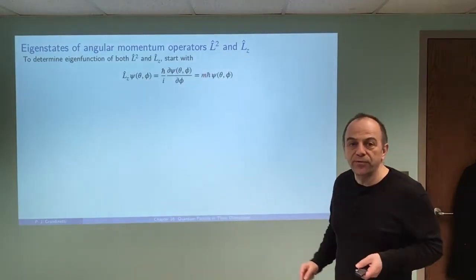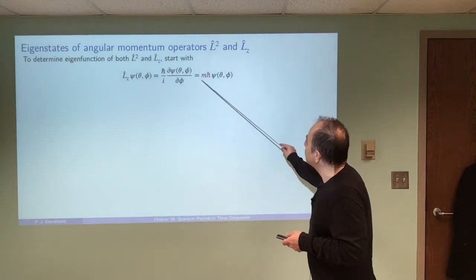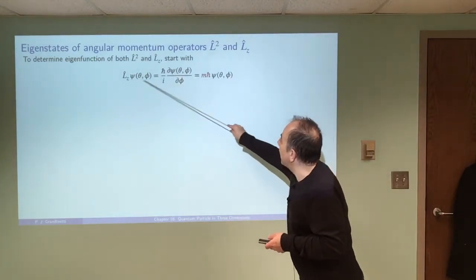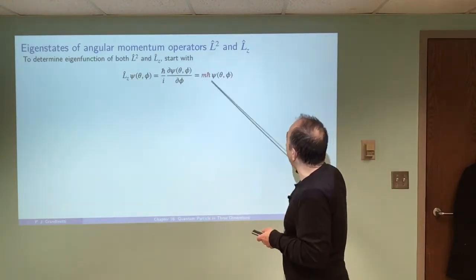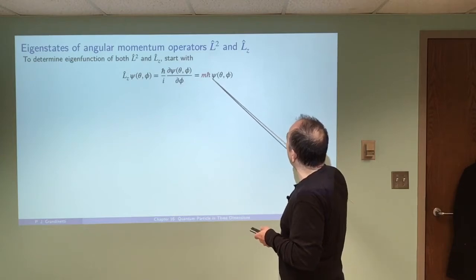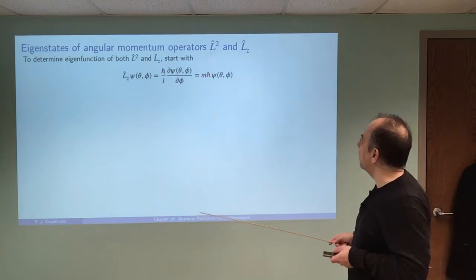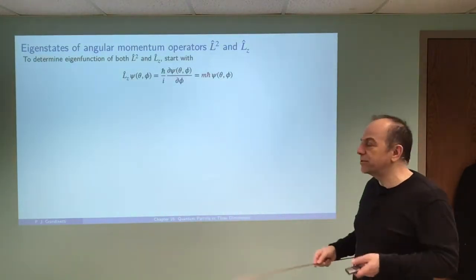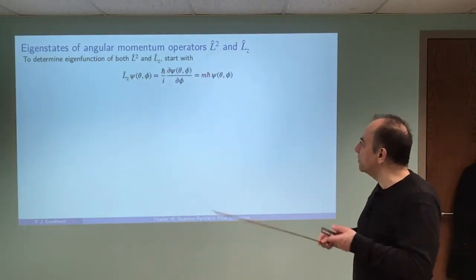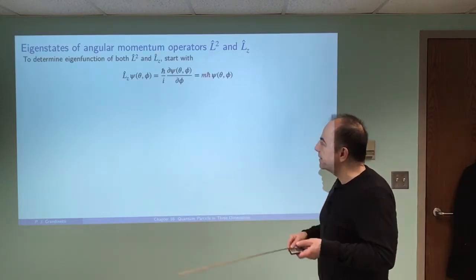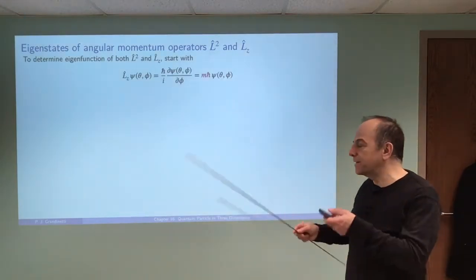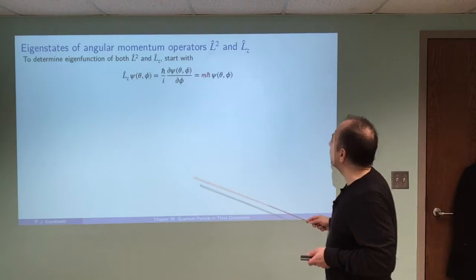We just proved this in the last video. When Lz operates on psi, we get back m times h bar times psi, where m goes from minus l to l in integer steps: minus l, minus l plus 1, minus l plus 2, all the way to plus l.